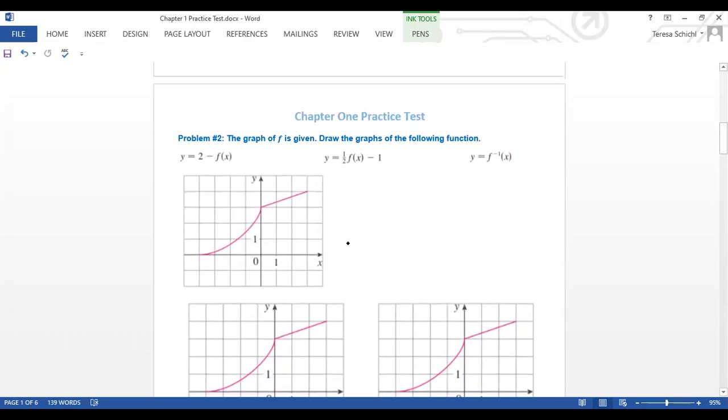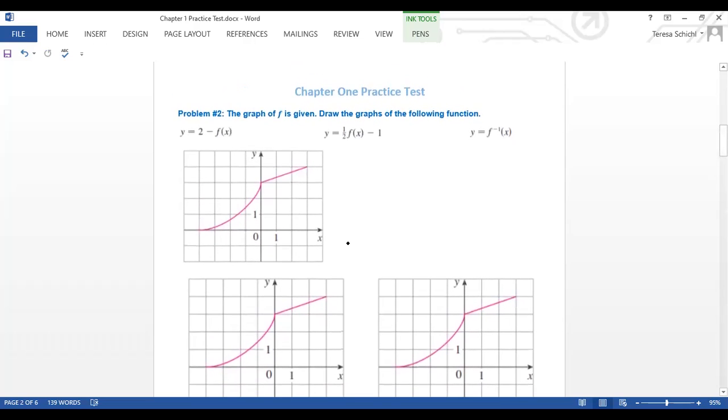Okay, so this is the first part. Then the second problem here is about transformations, right? Let's take a look at the first one. Remember when we did it in pre-cal, we said we always do one function at a time. Now this red line is my f of x.